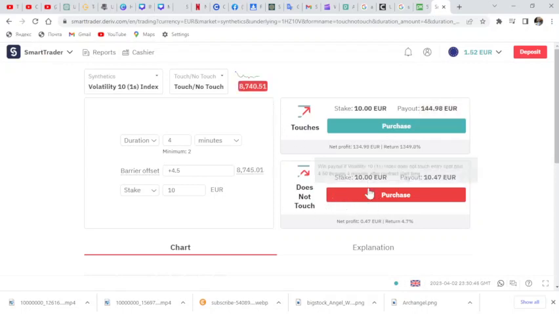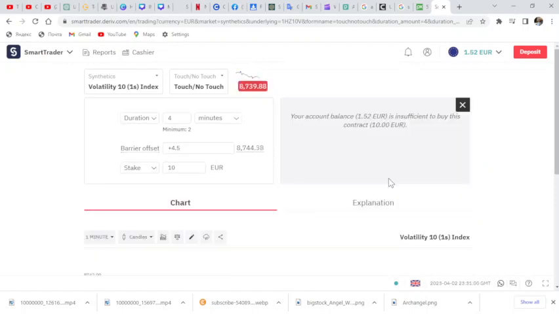So you count the moment it turns 3 times green, you enter. 1, 2, 3, you enter.